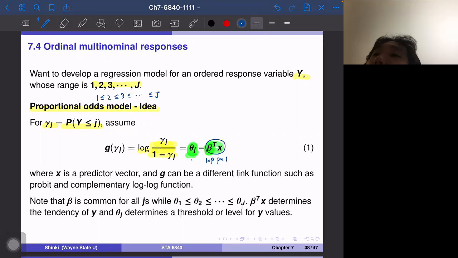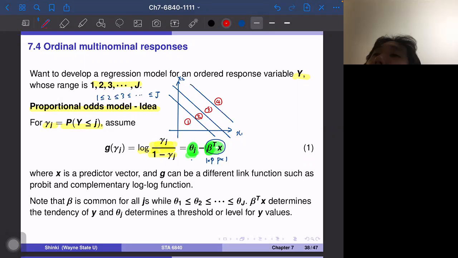So in terms of the space of predictors, suppose we want to predict the class. The proportional odds model idea is that categories are predicted like this: all parallel, but we have some threshold.